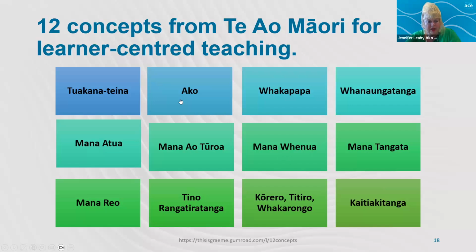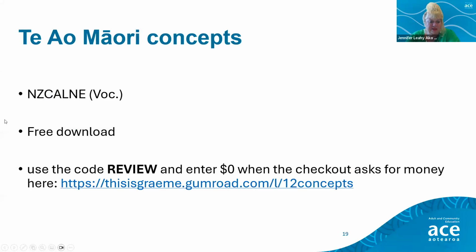So what I have now is 12 concepts from Te Ao Māori for learner-centred teaching. These concepts have come from the work of Graham Smith, and he has kindly given us access to his work. Usually you need to pay for his work, but when I messaged him to say that I was utilising his work today, he gave you access to a free download.